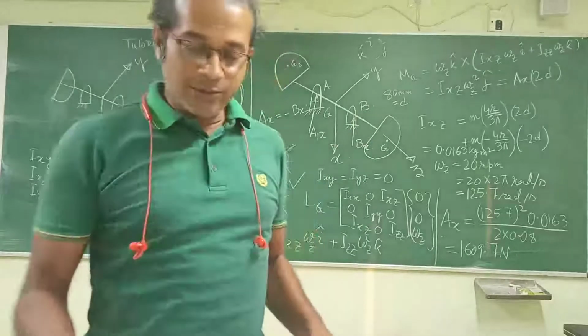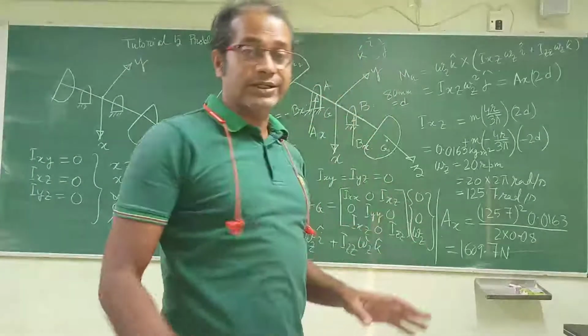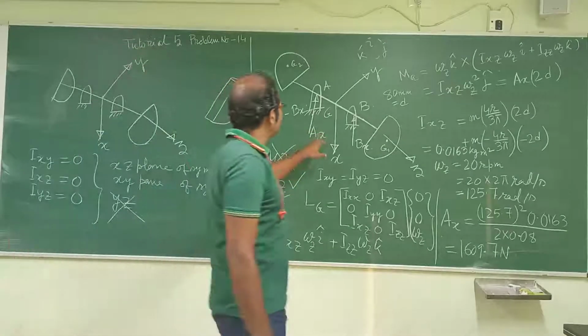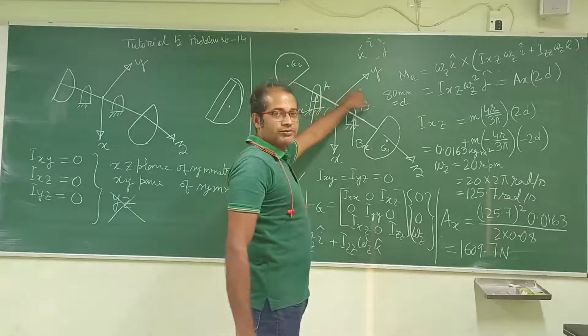So you will be happy that you got the answer, but this is not the correct answer. The correct answer is somewhat different. What you have got is at this instant of time.